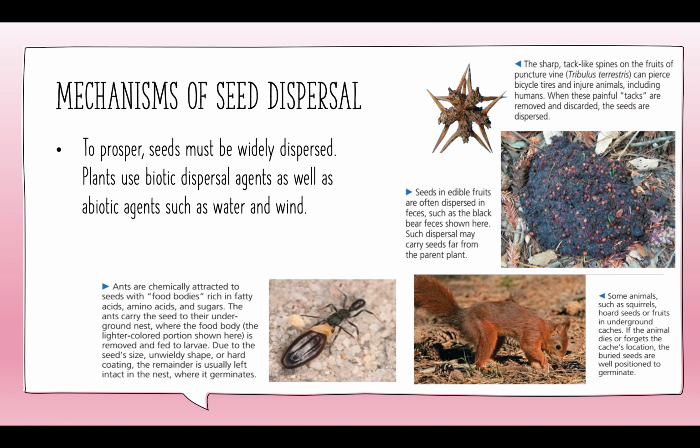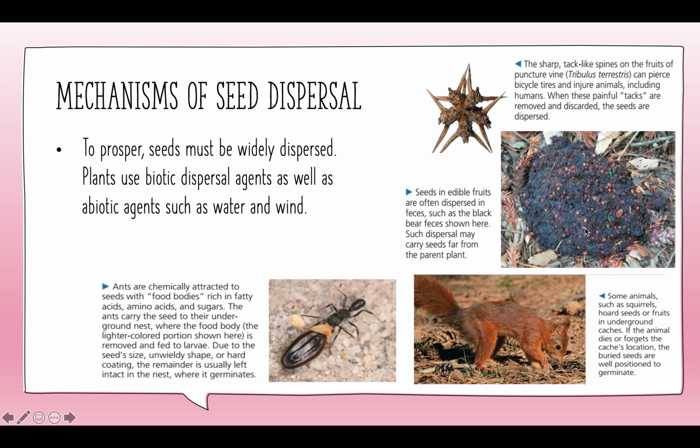The uneaten seeds may germinate on the ground, but also seeds that are ingested by animals will not be digested by the body. So when they are eliminated along with fecal matter, seeds also escape from the digestive tract of the animal.